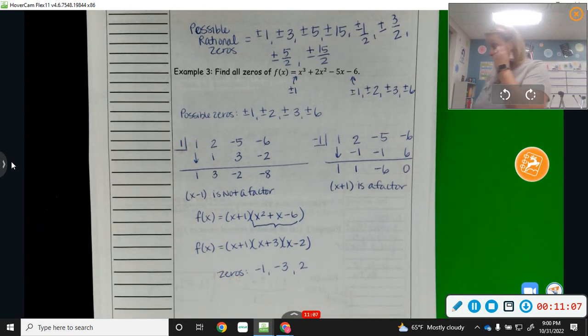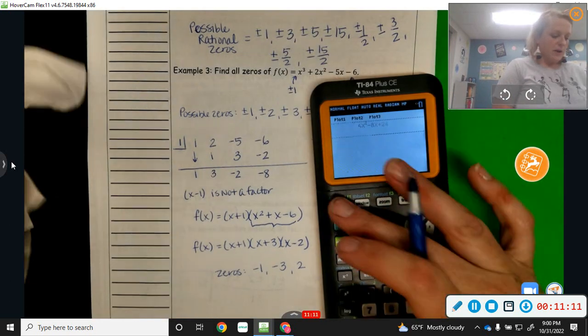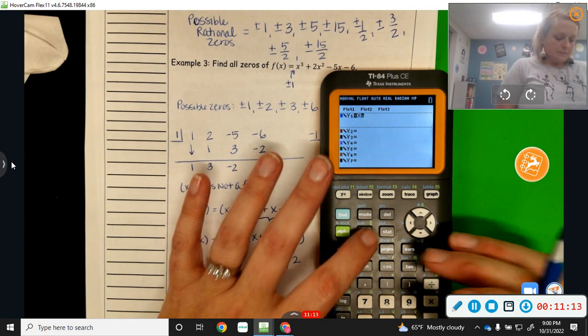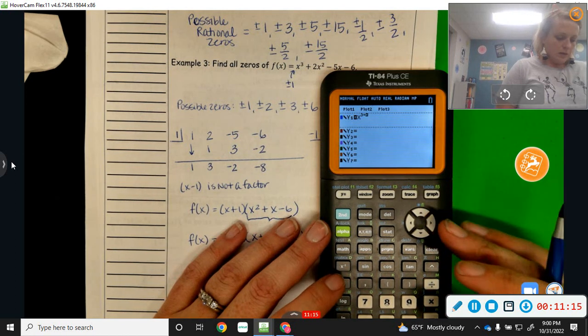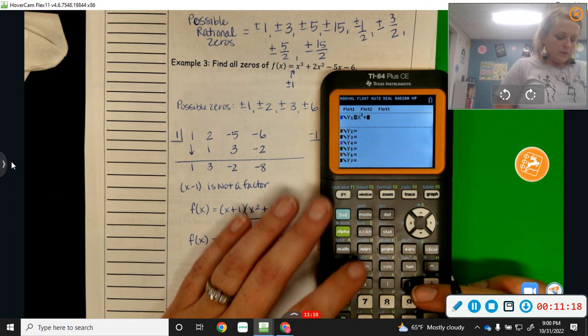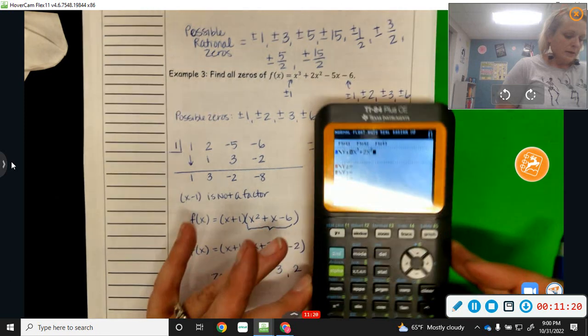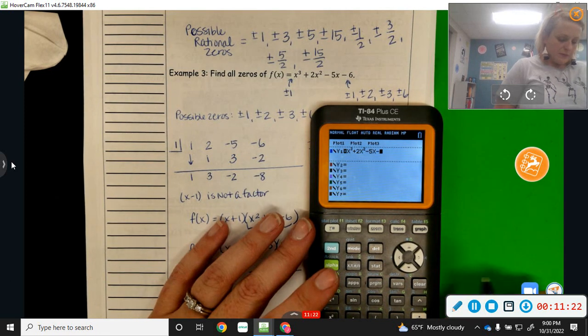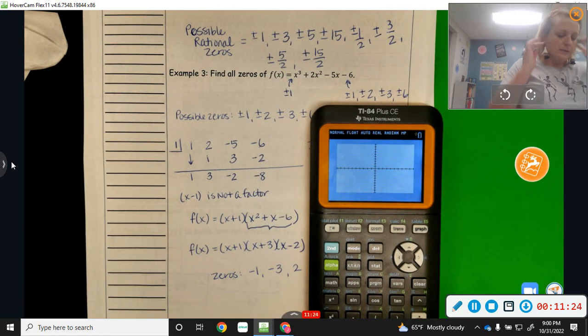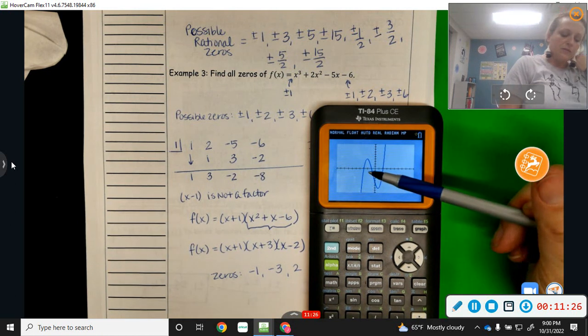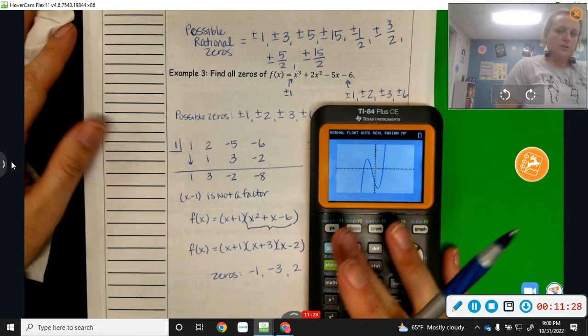You can always verify this and check. Remember, zeros are where they cross the x-axis, so if I graph this, x cubed plus 2x squared minus 5x minus 6, sure enough, it crosses at negative 3, negative 1, and 2. Okay?